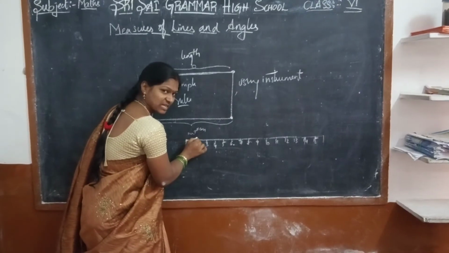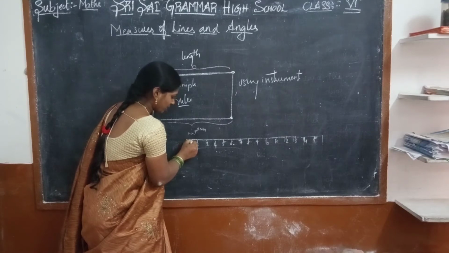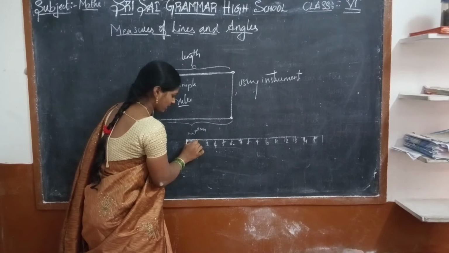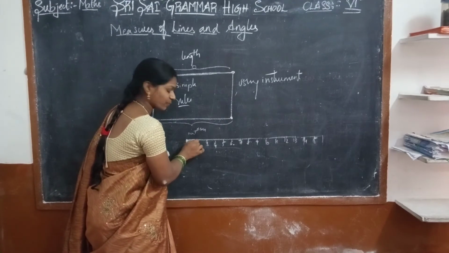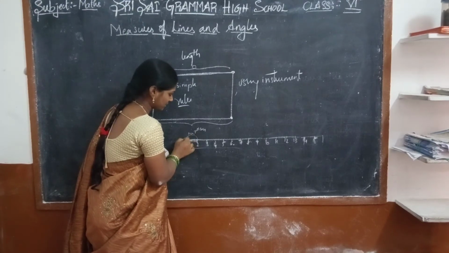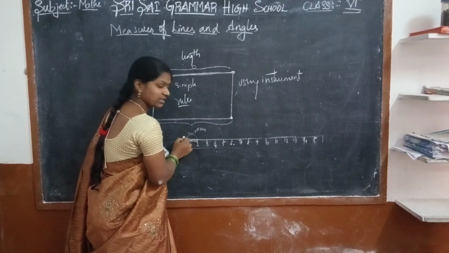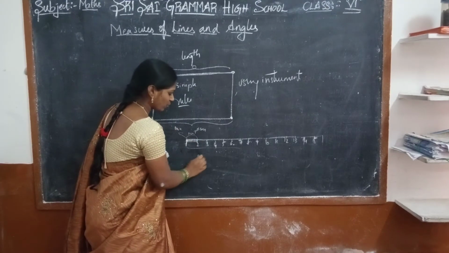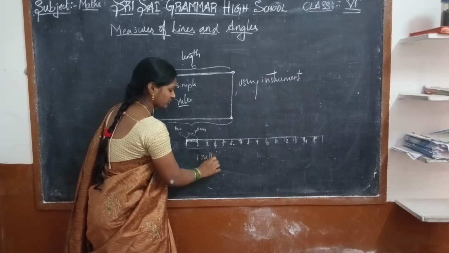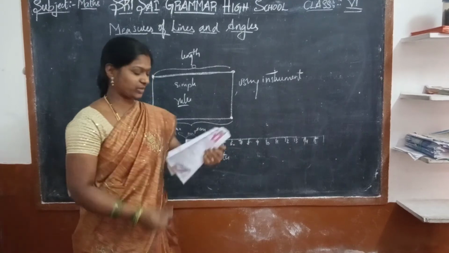In this 1 centimeter, again, each part is divided into 10. 1, 2, 3, 4, 5, 6, 7, 8, 9, 10. 10 equal parts. From 1 to 2, again it is divided into 10 equal parts. That is 1 millimeter.